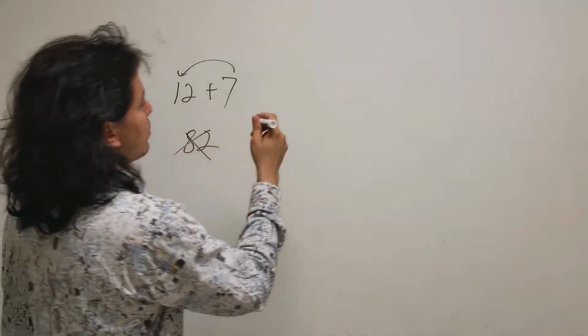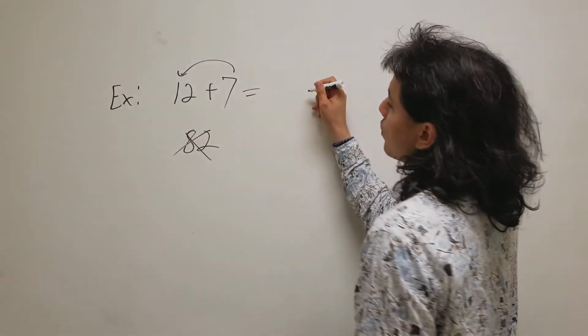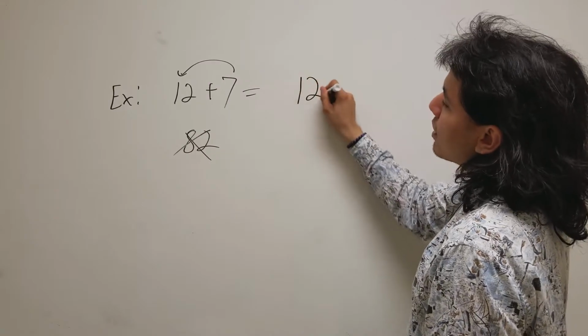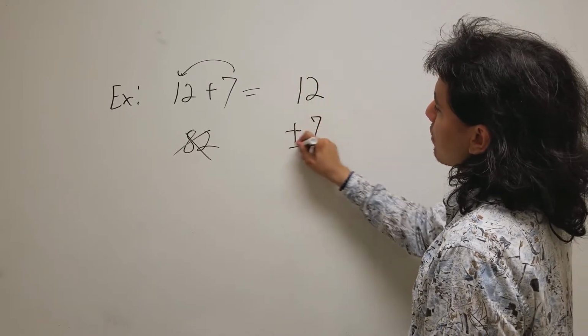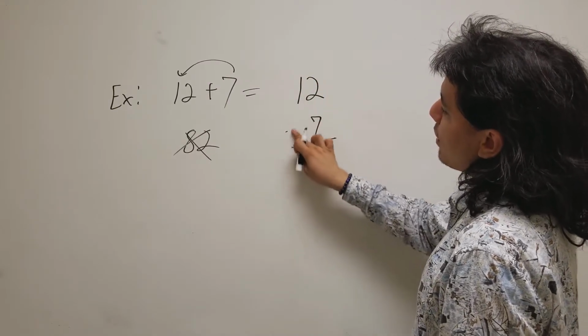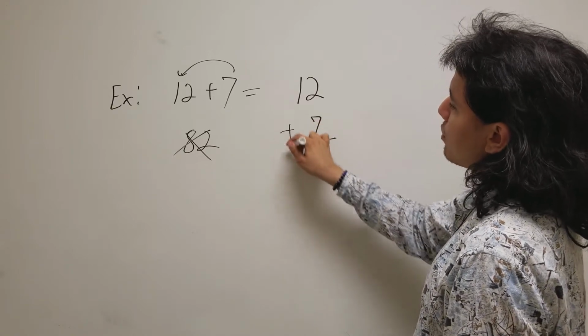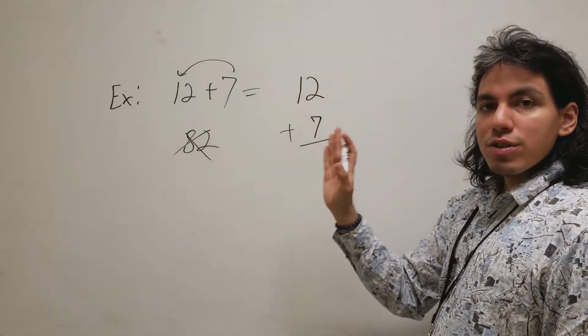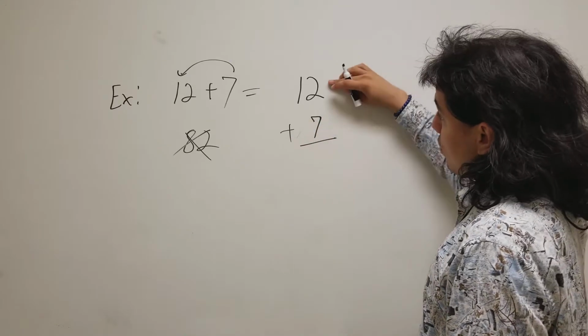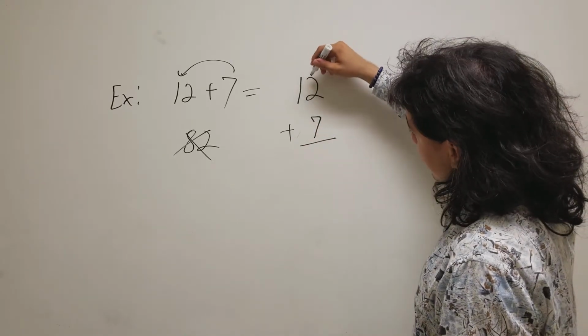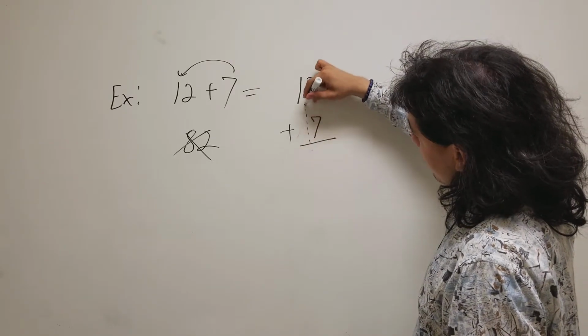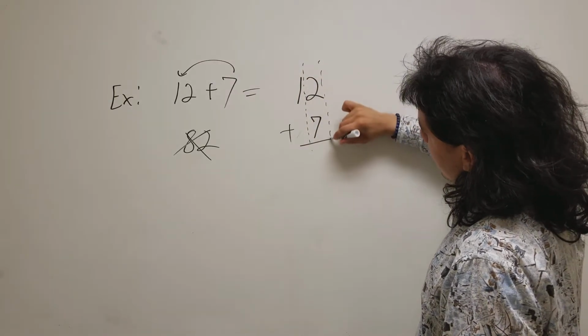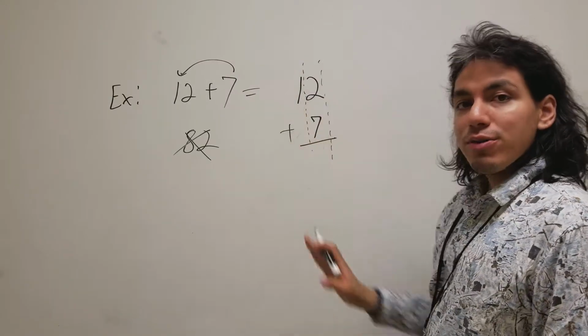What you want to do is rewrite the problem vertically. This way you won't make that mistake if you're adding the numbers vertically versus horizontally. You then pretend there's this little line here that tells you what each place value indicates.